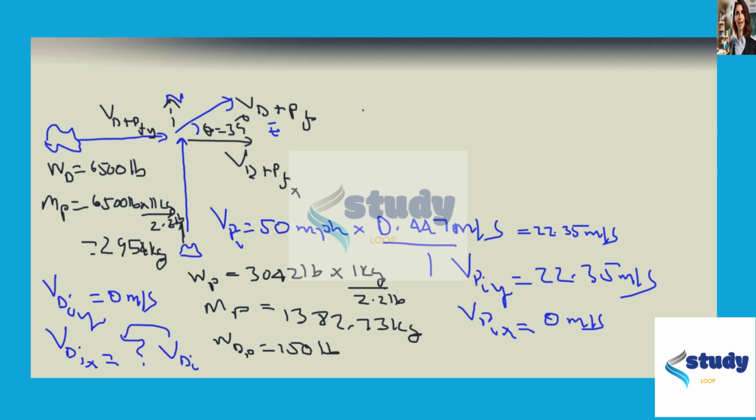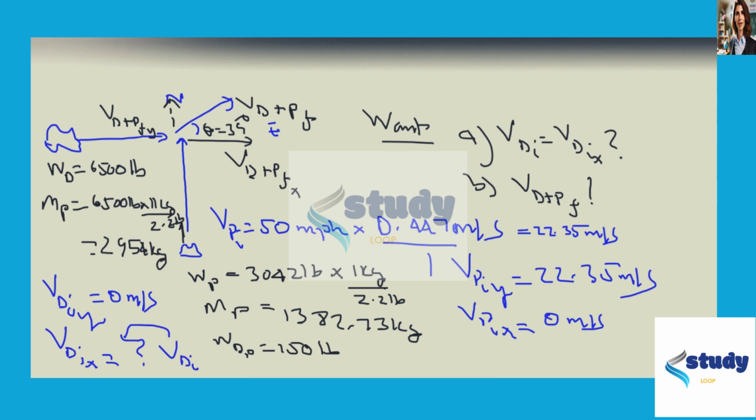So as part of the problem, this is part A. We want to find the Durango's speed before collision. It's moving in the x, so its speed is exactly the same as its x component. Part B, we want to find the final velocity of the Prius and the Dodge when they collide. So there's a tree right there before they collide. So that's how we're running the problem.